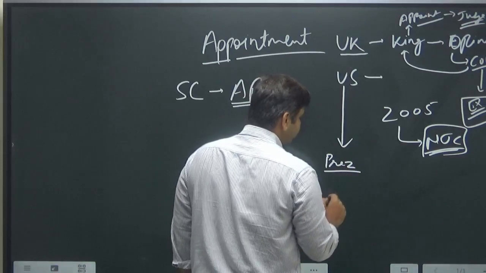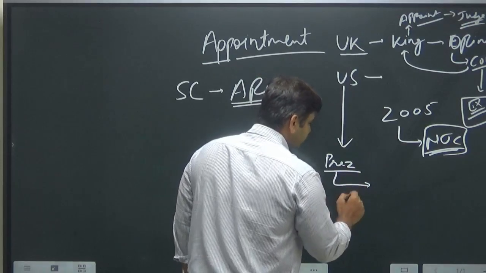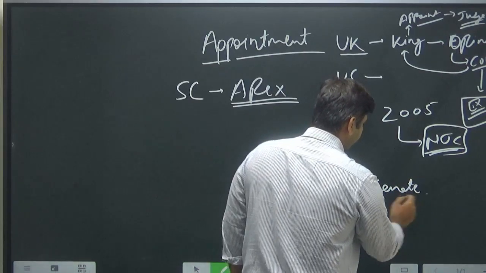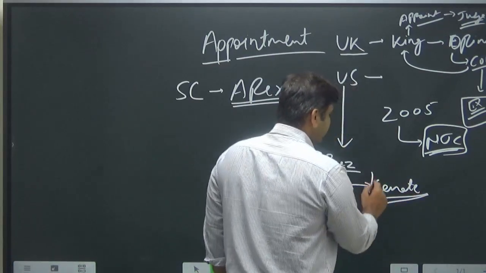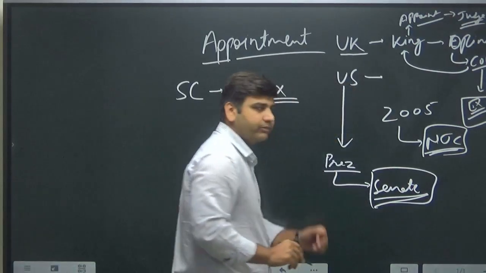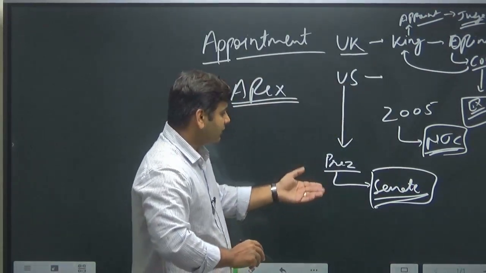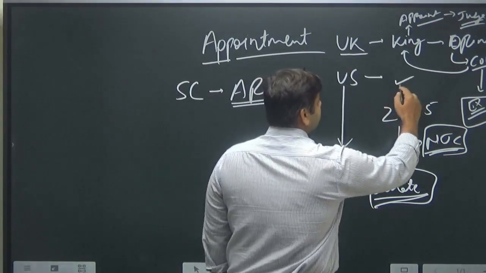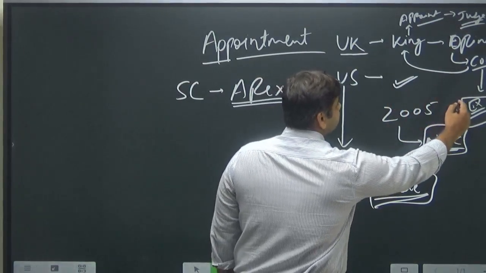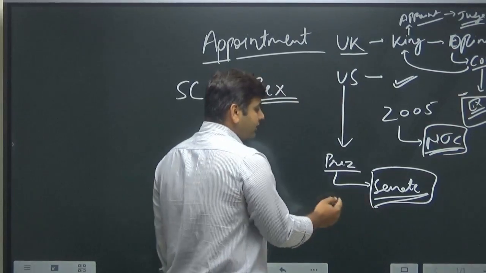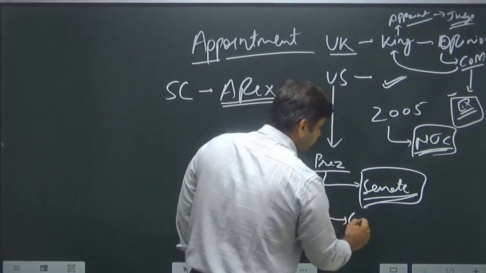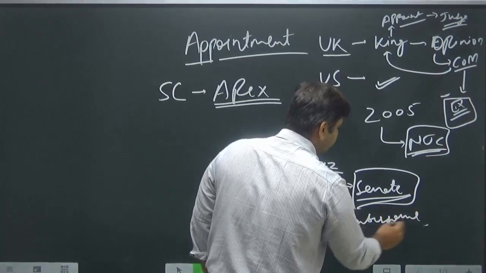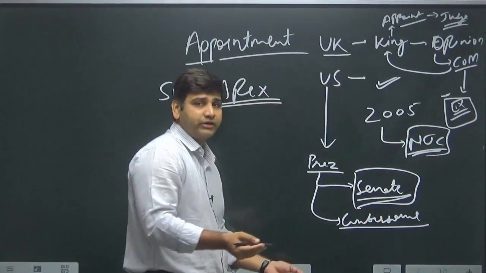What happens is the Senate is consulted by the President for the appointment of the Supreme Court judges. Here it is a cumbersome process. It can take days for one appointment.